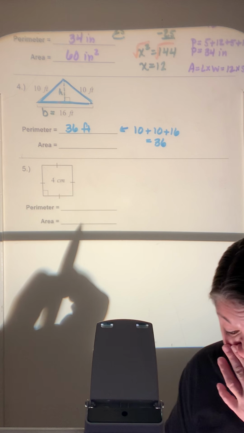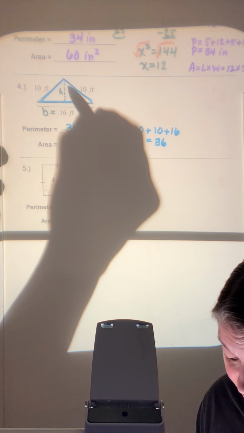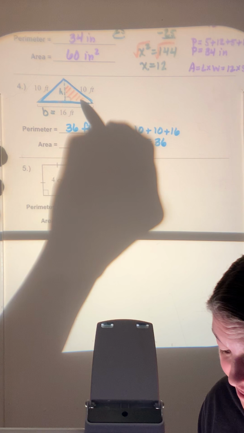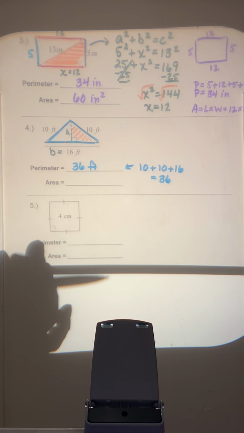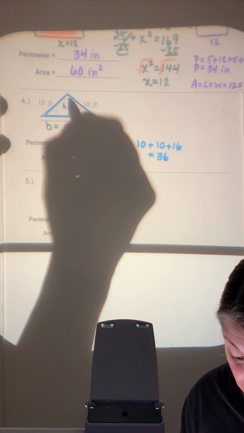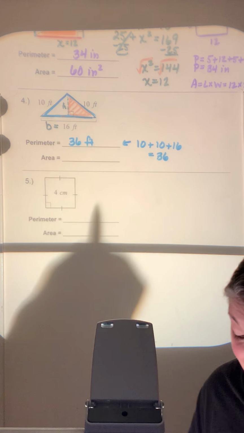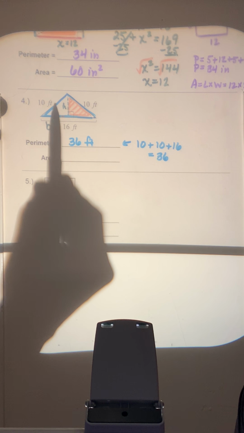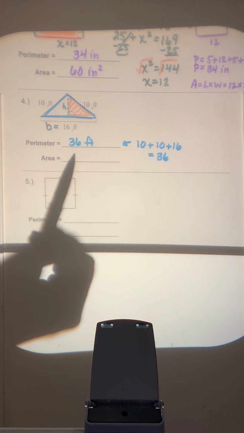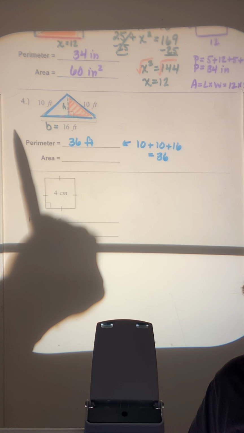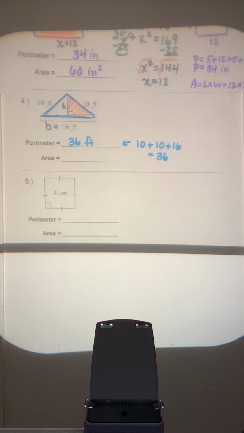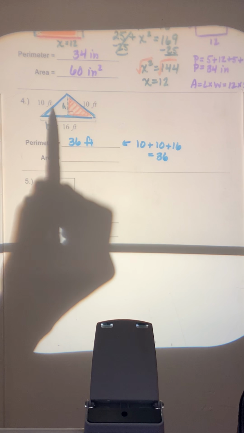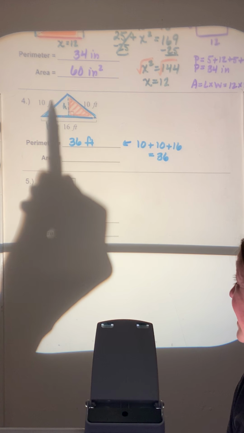So basically the idea here is let's find out what that height is by just concentrating on half of the figure, kind of what we did for number 3. So we're going to focus on just this triangle right here in order to get us our height, which will then allow us to find the area of the big triangle. Now something that we should know, that I don't think we've talked too much about, but notice that these are both 10.